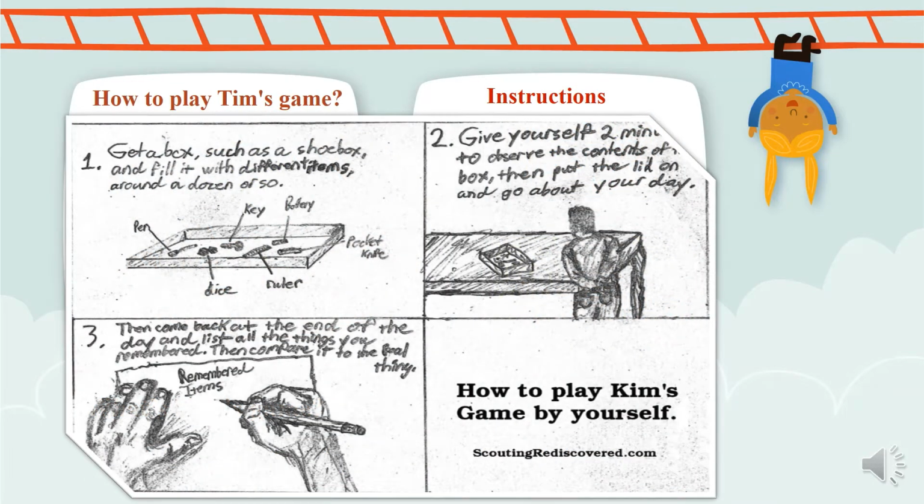Well, how to play Kim's game? There are different ways to play it, but I'm going to propose one of them. You can get a box, such as a shoebox or a tray, and fill it with different items, around a dozen or the number of things that you want to put in it.